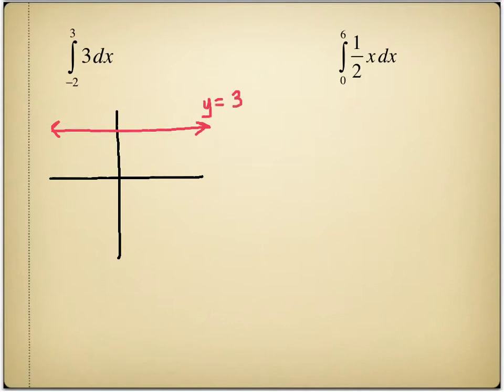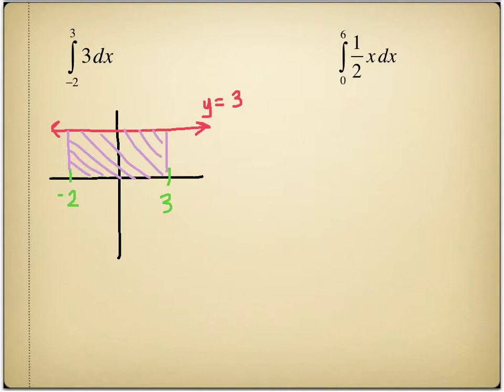What this is saying now, I want to see if I can find the area of this from -2 to +3. So what I'm really looking for here then is this particular area, and I'll sketch it in here so it looks just like this. That's really all I'm looking for here, the area of this rectangle.